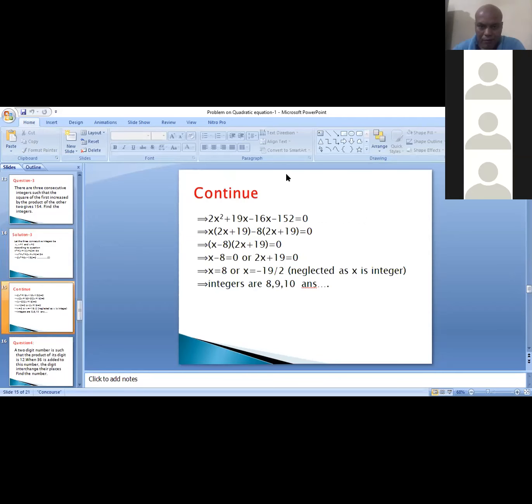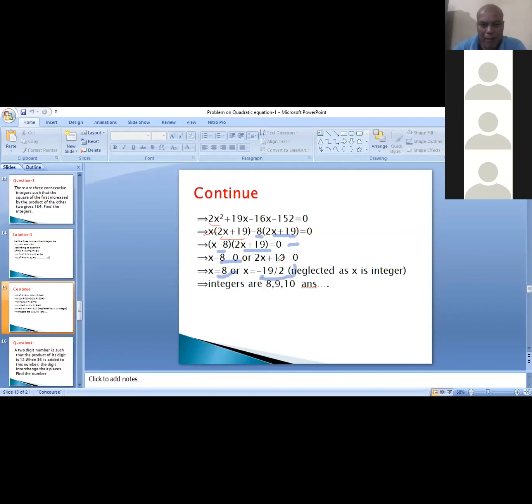And this is your 2x square, okay, x common, so 2x plus 19, and here your 8 common, that is equal to x plus 1, okay, then this is your 8 minus x and 2x plus 19, you're getting this value, okay, so this x is equal to 8 or x is equal to minus 19 by 2.